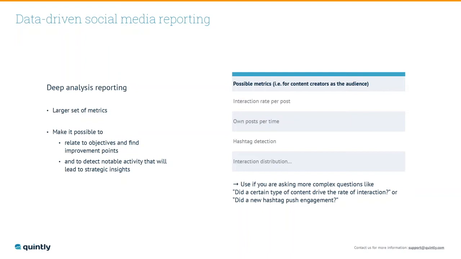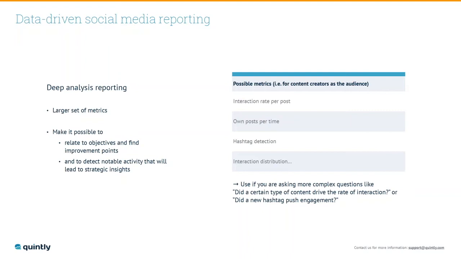Here you can tackle larger sets of metrics and look into different aspects you would like to achieve. Always try to find what you're trying to achieve, and then look at which metrics you can track this with.